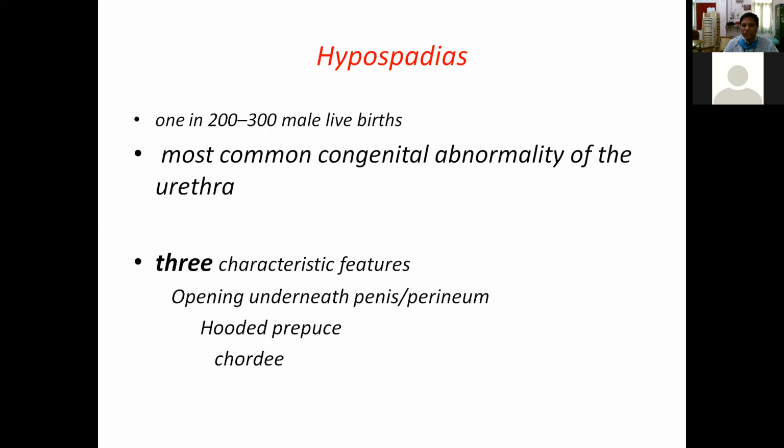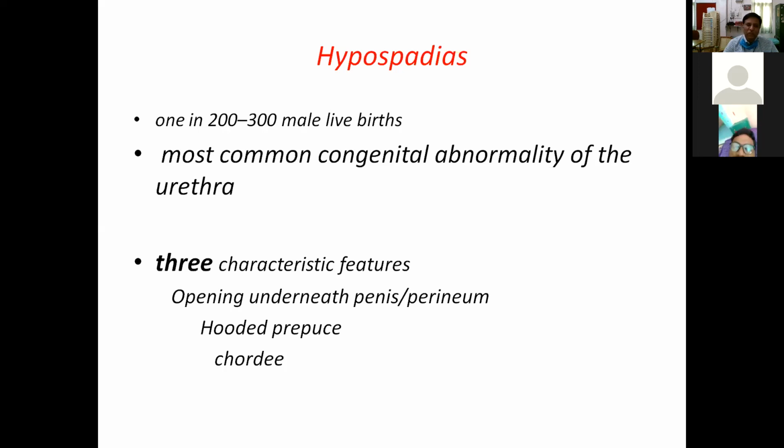In more severe cases, when 3/4 of the urethra has not developed, the opening will be on the perineum. Then the question of the sex of the child comes up. Whether the child is male or female, we have to investigate this again.